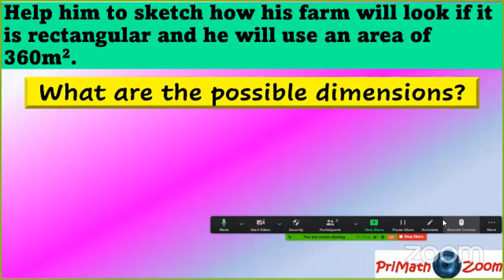And is our unit centimeters? What is our unit here? Yes, Jamari? Miss, I was saying the unit is meters. Awesome. The unit is meters.